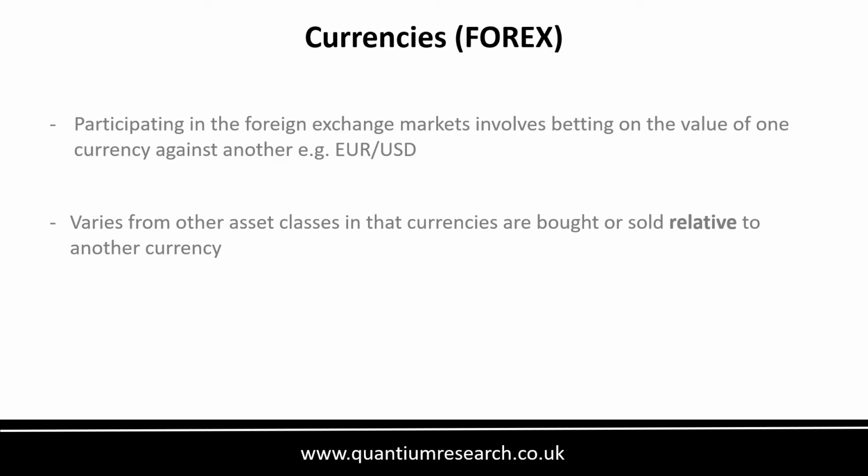So for example, you don't just buy the British pound, you buy the British pound relative to another currency, like say the Canadian dollar. You can also buy or sell a currency relative to a basket of other currencies, like the US dollar index. And forex markets are extremely liquid, meaning enormous amounts of currency are traded every single day.